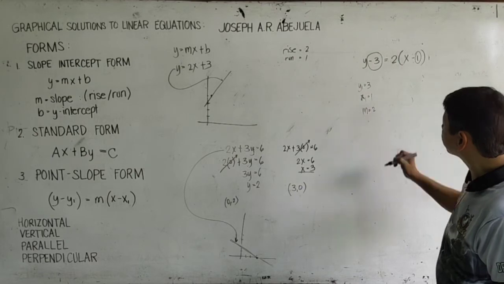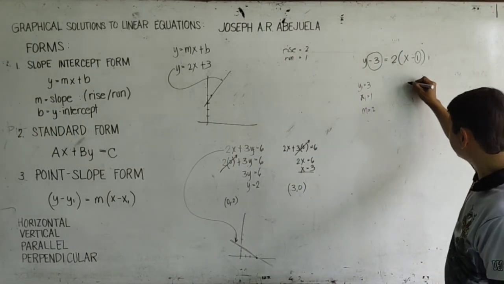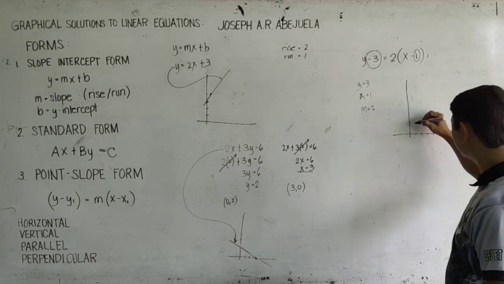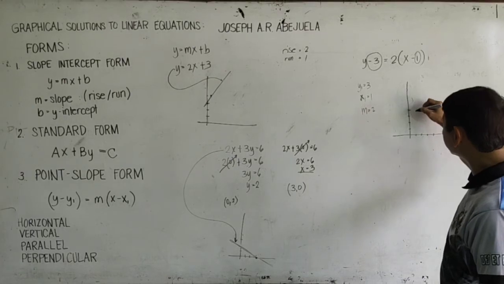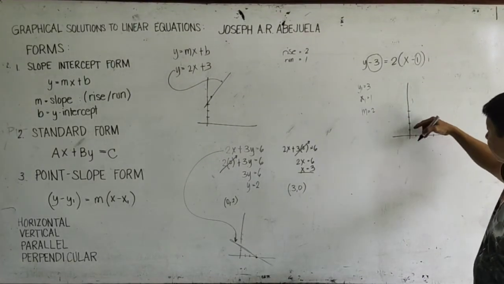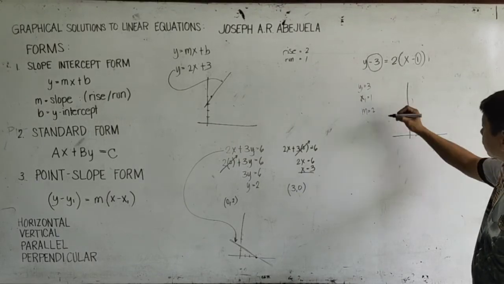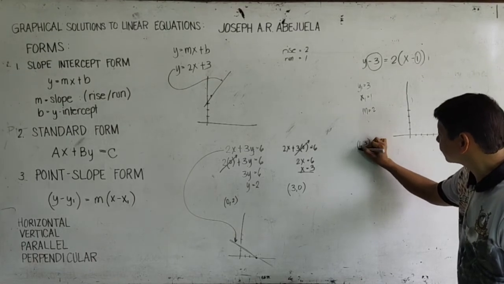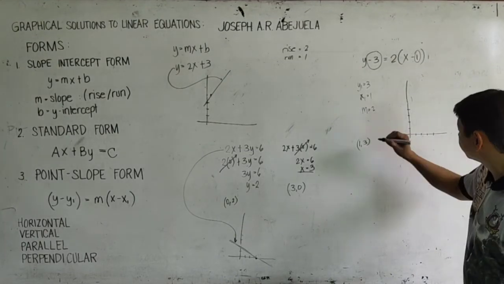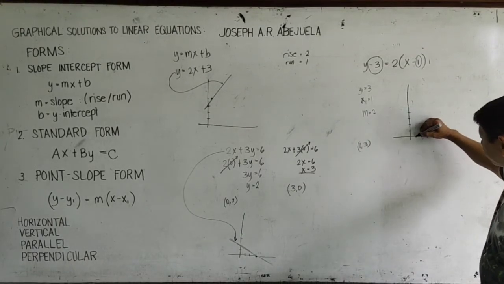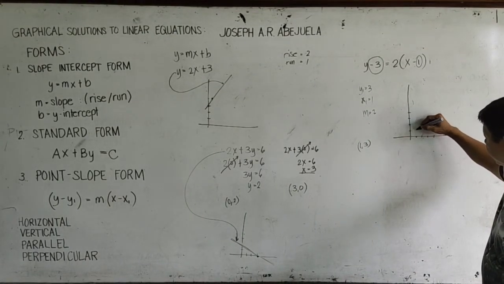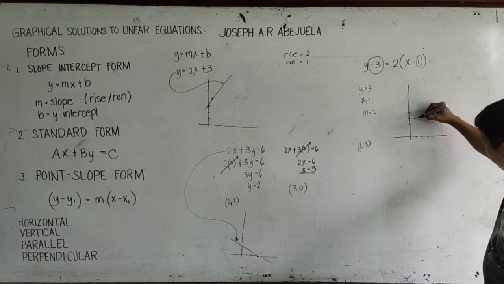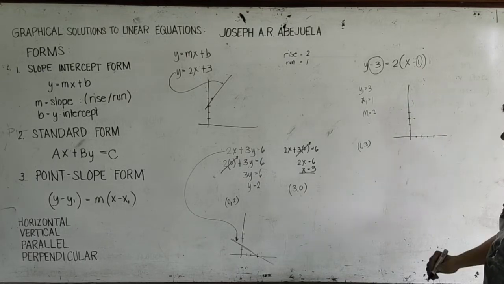So, plotting, you have the point x equals 1, y equals 3, and the slope equal to 2. And we have a slope of 2.